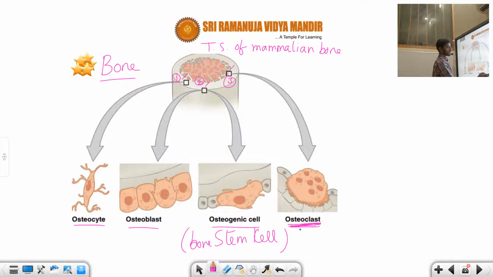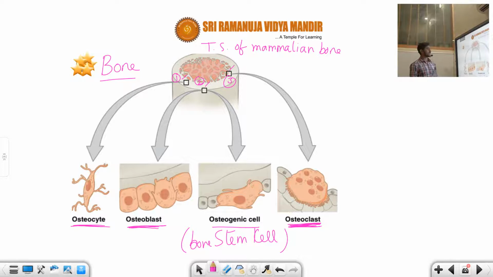It has a destroying capacity. This cell, the osteoclast, is responsible for continuously destroying bone. Osteoblast is the bone forming cell, whereas the bone destroying cell is called the osteoclast. Right? I hope you understand this terminology with the help of the diagrammatic representation.